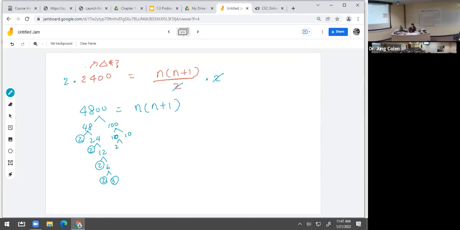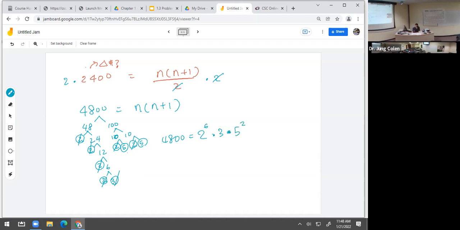Not prime yet, but 2 and 5 makes 10, and 2 and 5 makes 10. So we can write 4,800 as 2 to the what power? 1, 2, 3, 4, 5, 6. And we have 3, and we have 5 squared.